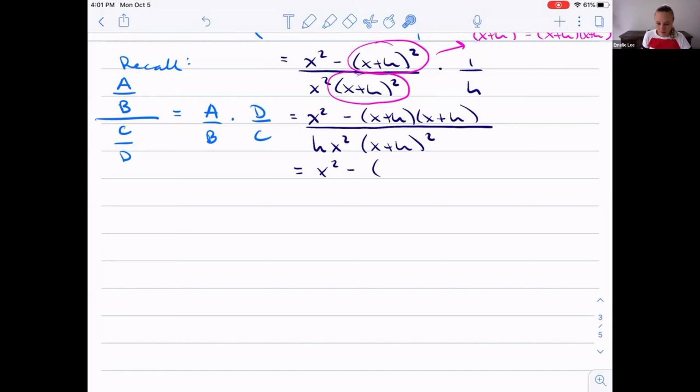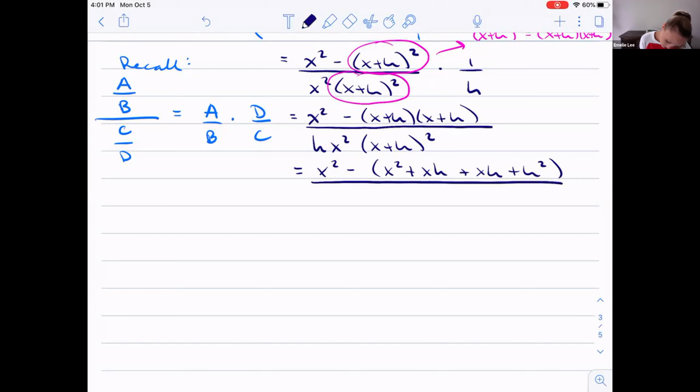So you want to make sure that you don't bring this negative in until the very end. So we've got x squared minus x squared plus xh plus xh plus h squared, over h x squared times x plus h squared.